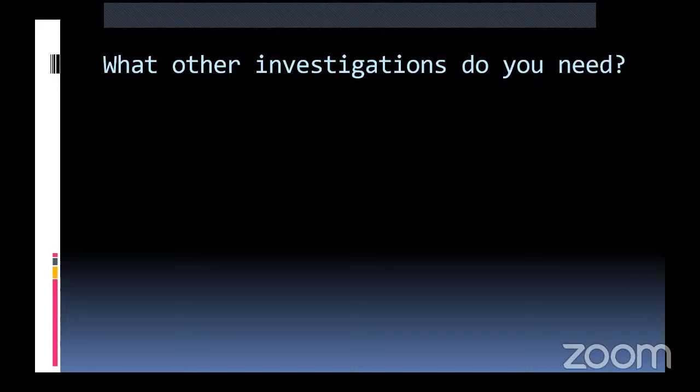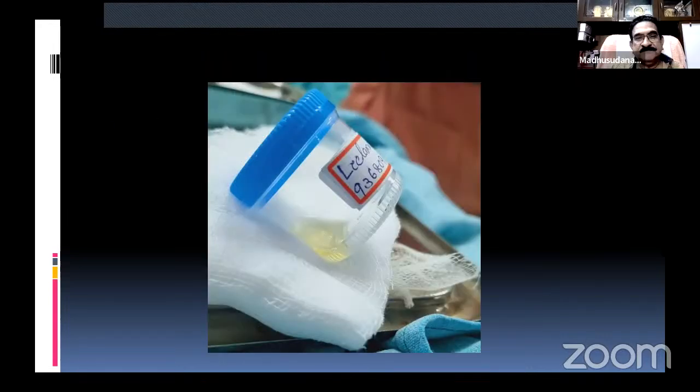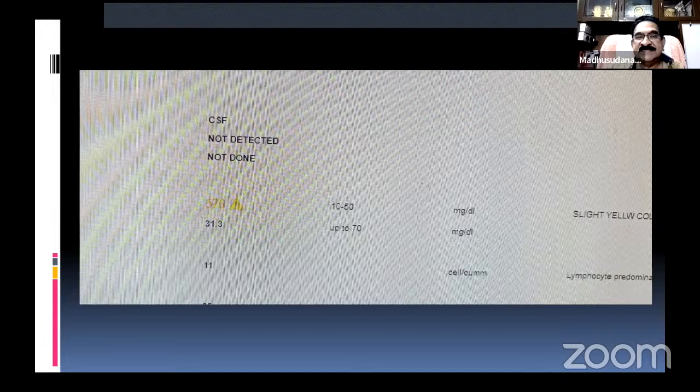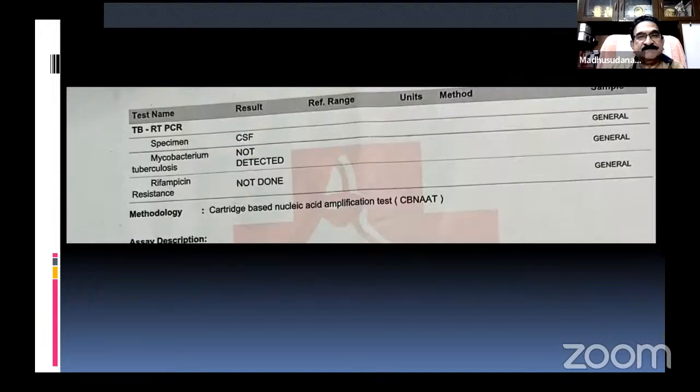CSF. Yes. So, this CSF shows xanthochromic fluid. CSF protein is 576. CSF glucose is 31. And cells, 11 cells, lymphocytes. TB-PCR is negative.